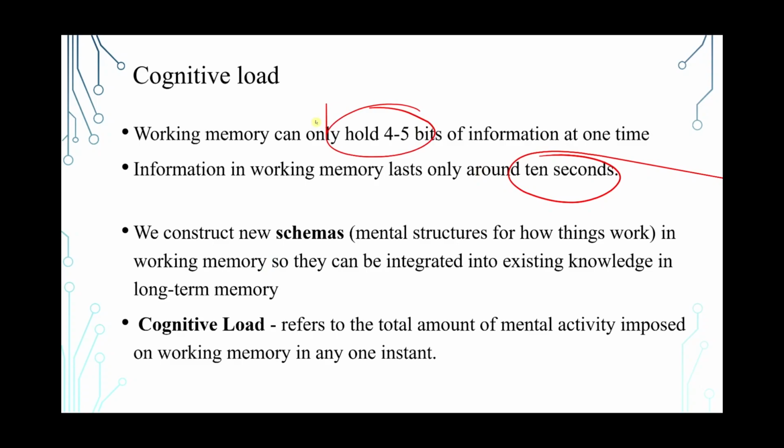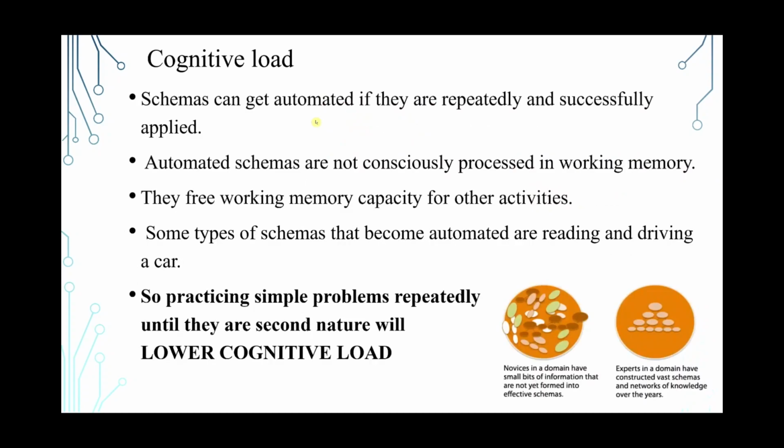So we construct new schemas, mental structures for how things work, in working memory so they can be integrated into existing knowledge and long-term memory. The cognitive load refers to the total amount of mental activity imposed on working memory in any one instant, any moment.